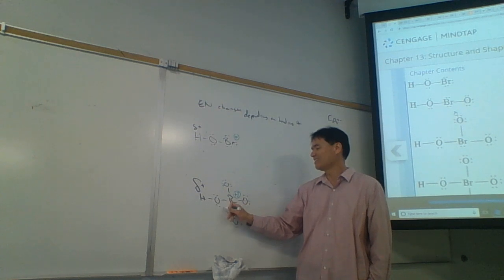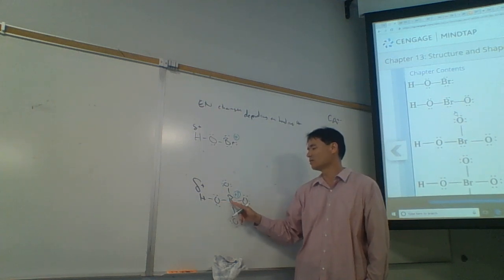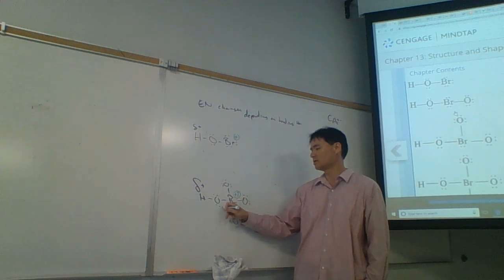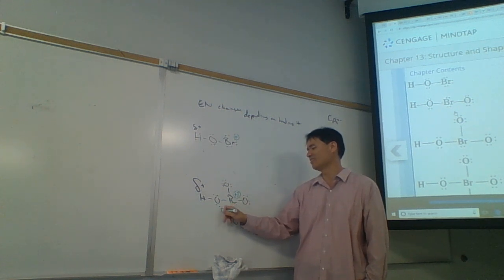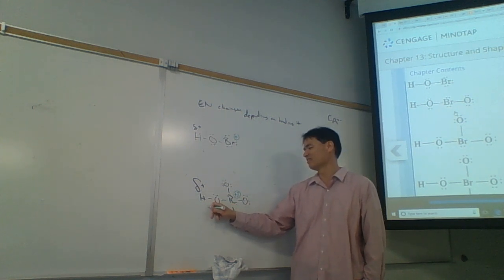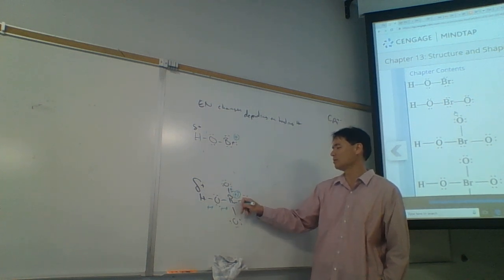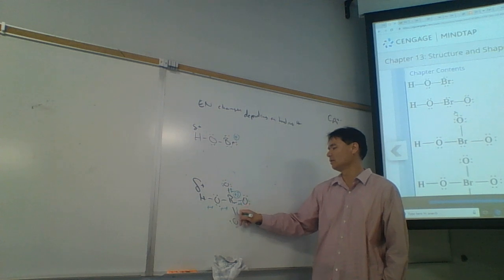And so normally oxygen versus bromine, oxygen wins the tug of war, but this bromine's not normal. This bromine is starved for electron density. And so we end up with something like this where the oxygens pull off the electron cloud.